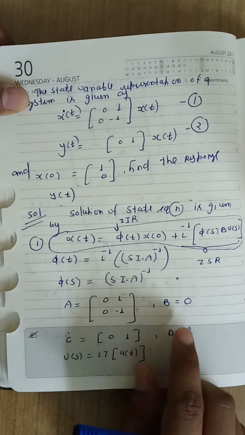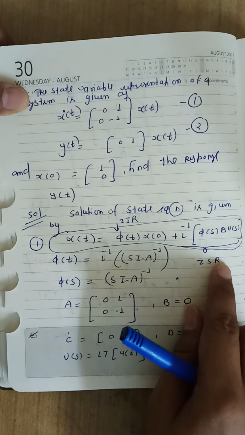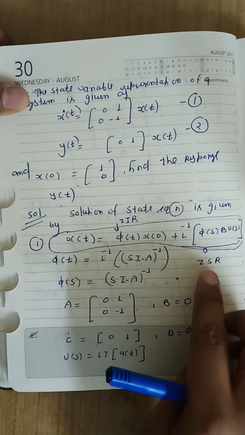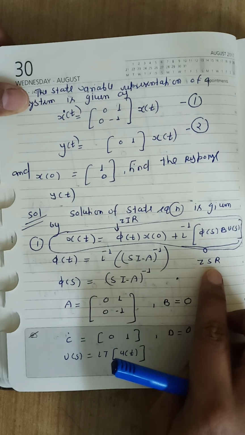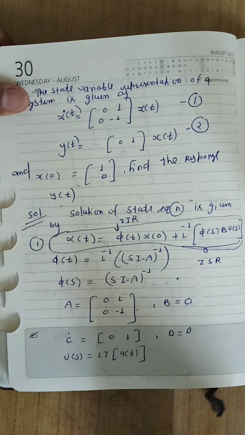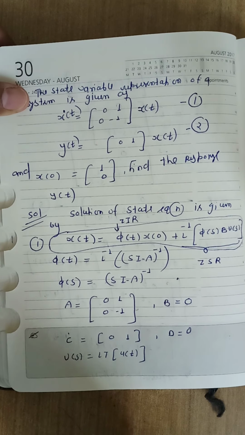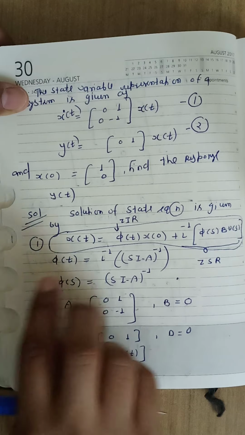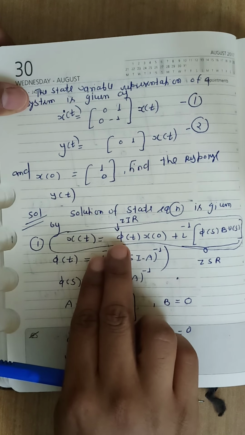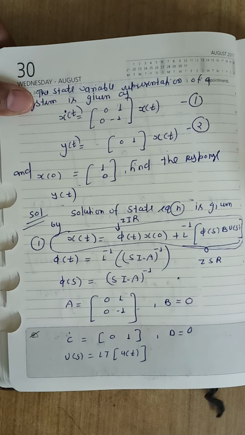In this numerical, matrix B is 0, so the zero state response becomes 0. So here we will just calculate the zero input response according to the relation phi of t x of 0.